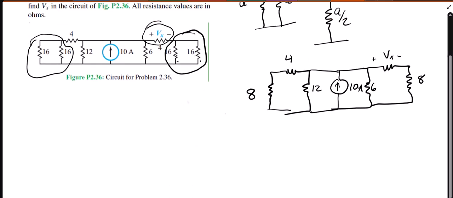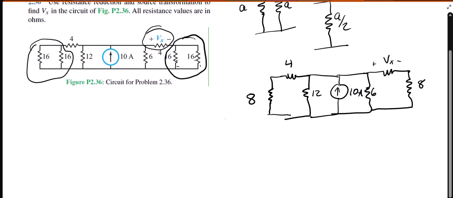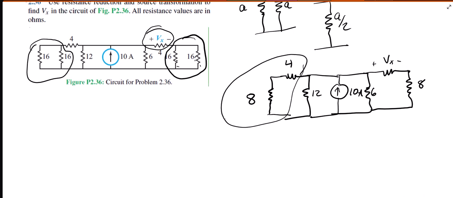Okay, so now I see that my 8 and 4 ohm resistors are in series, and since those are in series, I can combine them just by adding them together. Looking ahead, 8 plus 4 is 12. That's going to make a 12 ohm resistor in parallel with another 12 ohm resistor, which I like.